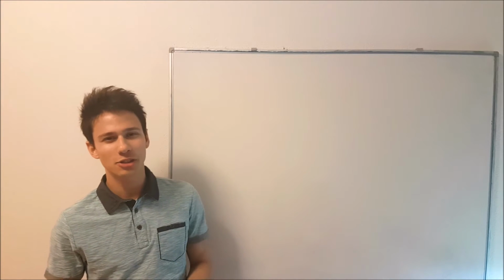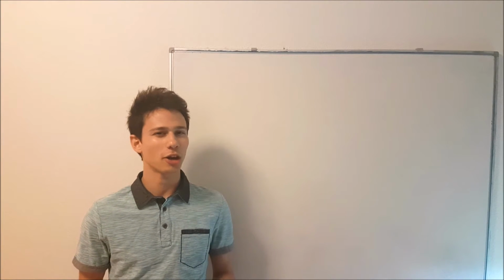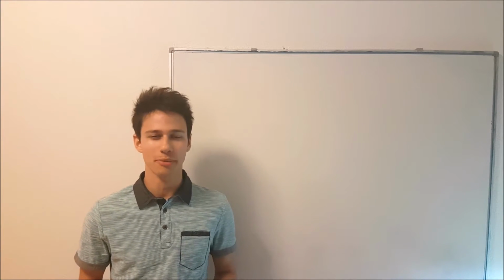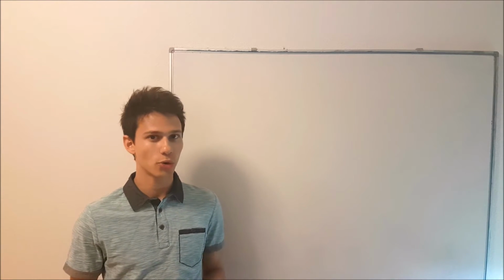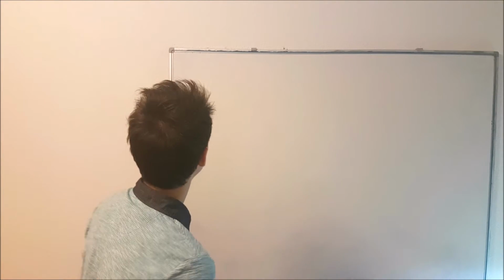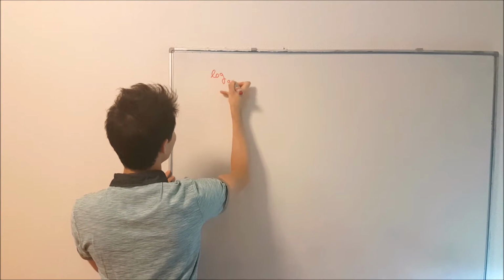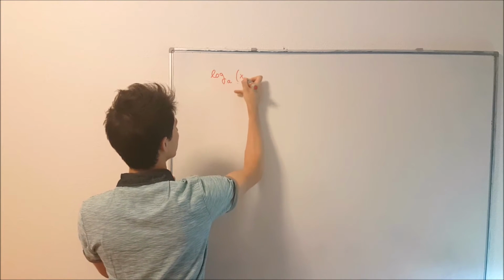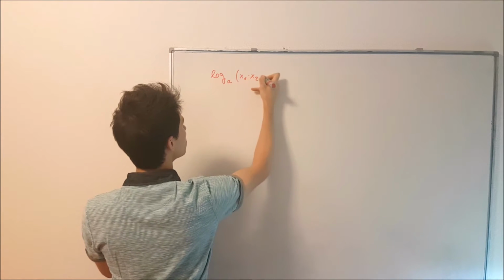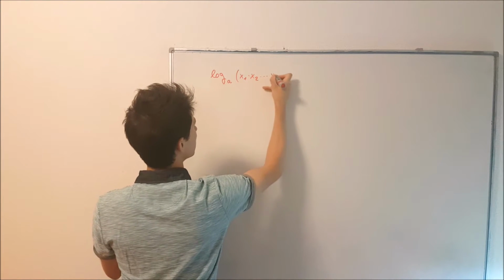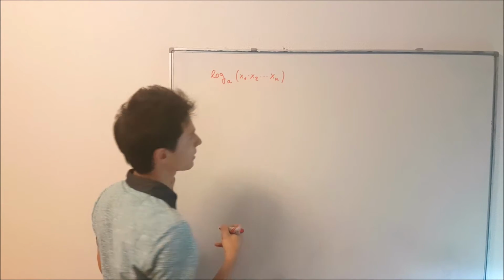The aim of this video is to introduce you to a handy tool when it comes to calculations with a logarithm. It's called the product rule and it goes as follows. Let's say we have the logarithm to any base a of some factors x1 times x2 times until we reach the last factor xn.